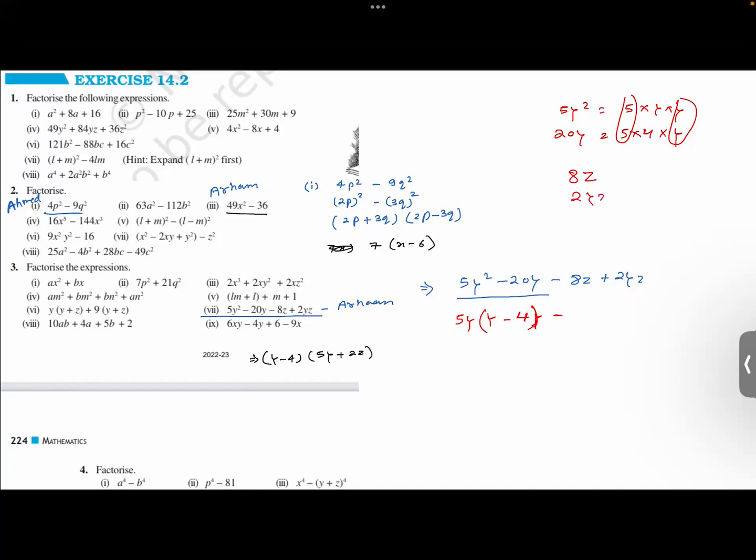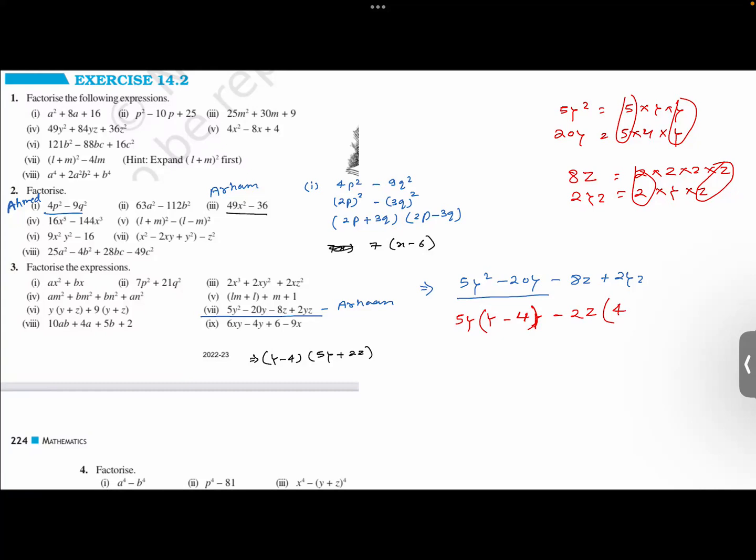Yes, sir. 2 into 2 into 2 into z, and here 2 into y into z. So the only thing common you will be seeing is this 2z here. So you will be taking out 2z as common. It will be 4, and in the bracket, it will be what?